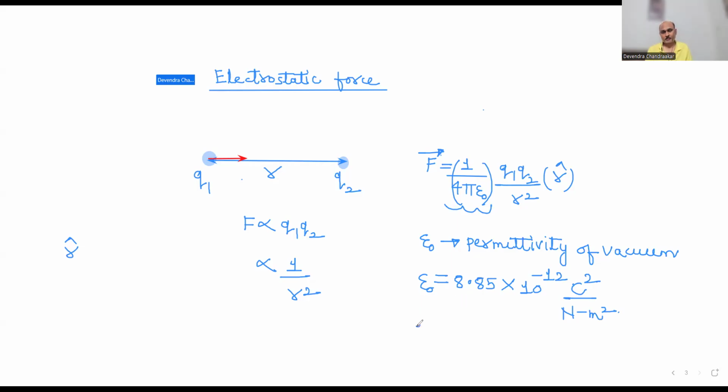So what is meant by permittivity, wait two minutes, I'll tell. This entire value 1 upon 4 pi epsilon naught can be approximated as 9 into 10 to the power 9. Sir, or else K Q1 Q2 by R square.